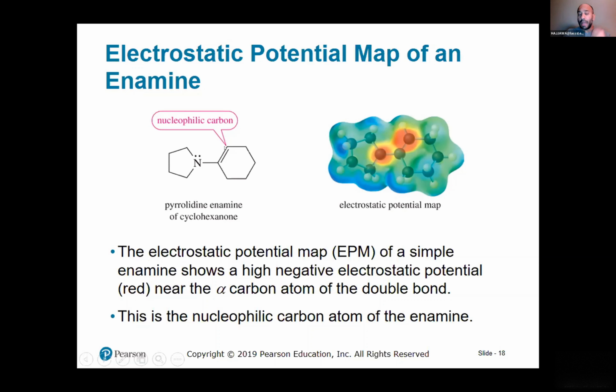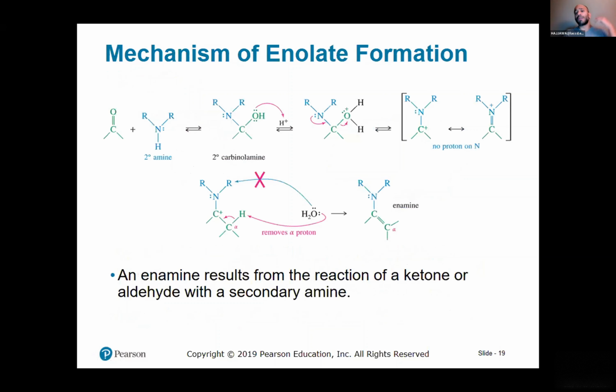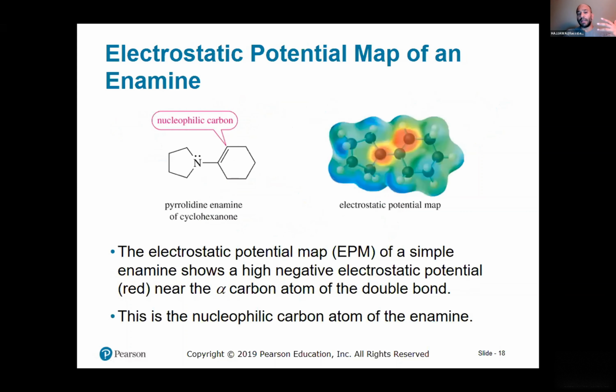That is the one that's going to be nucleophilic when the enamine reacts with an electrophile, whether that electrophile is an alkyl halide, an acyl halide, or a halogen. The way it happens is that the lone pair of the nitrogen delocalizes to form a double bond, and the C double bond goes with the electron density lying on that carbon, which is the nucleophilic carbon that's going to attack the electrophile.